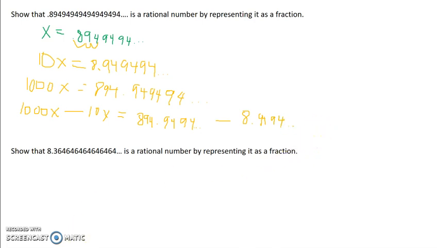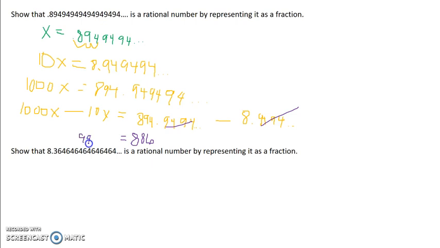So remember that the reason why I do this is because the 949494 parts are going to cancel out. So these cancel out, and I'm left with 894 minus 8, and 894 minus 8 is 886. And on this side, I have 1000 minus 10, or 990.